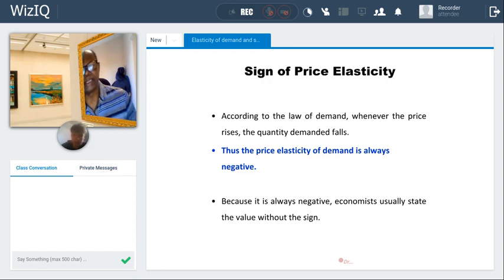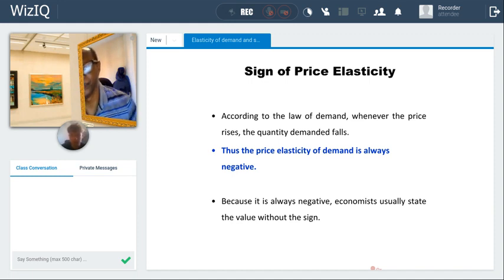Now, the sign of price elasticity. According to the law of demand, when the price rises, the quantity demanded will fall. Do you agree? Yes, of course. Therefore, the price elasticity of demand is always going to be negative.